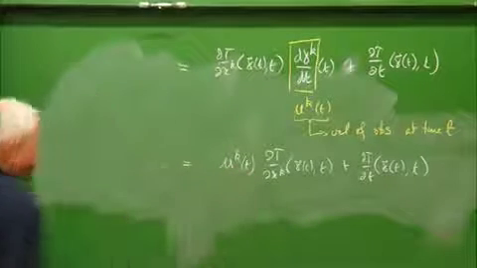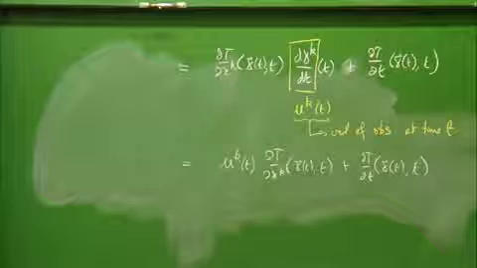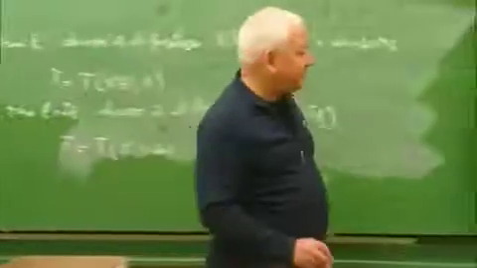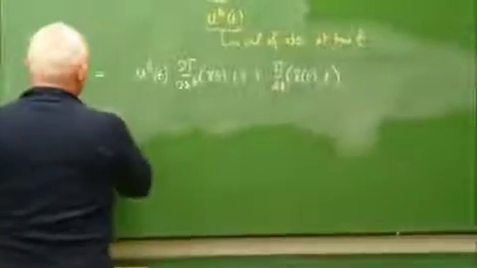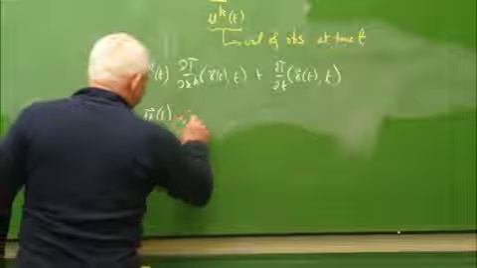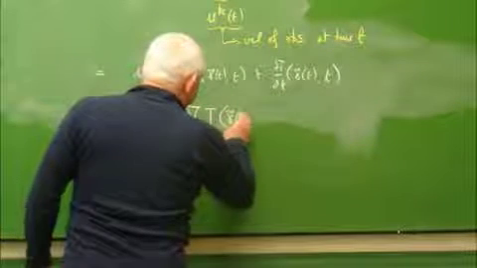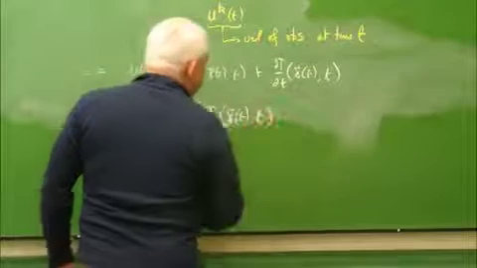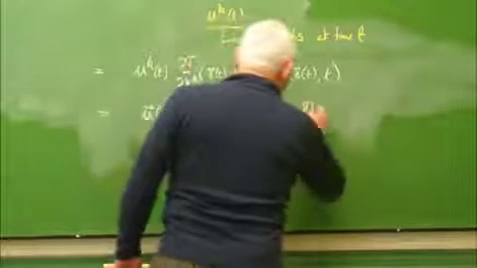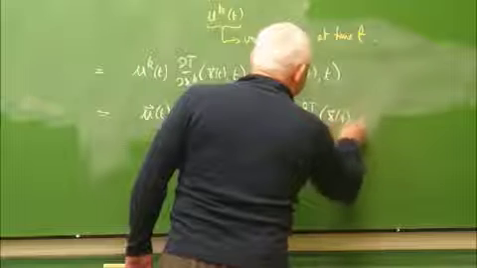And again, you recognize that u_k d by dx_k is the sum u_1 d by dx plus u_2 d by dy plus u_3 d by dz. And so this I can abbreviate to u of t dotted with nabla acting on T evaluated at gamma of t, t, plus dT by dt at gamma of t, t.